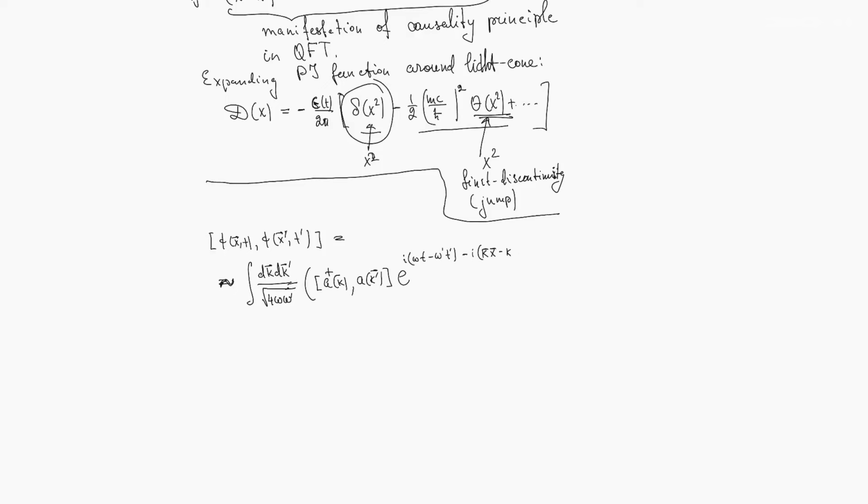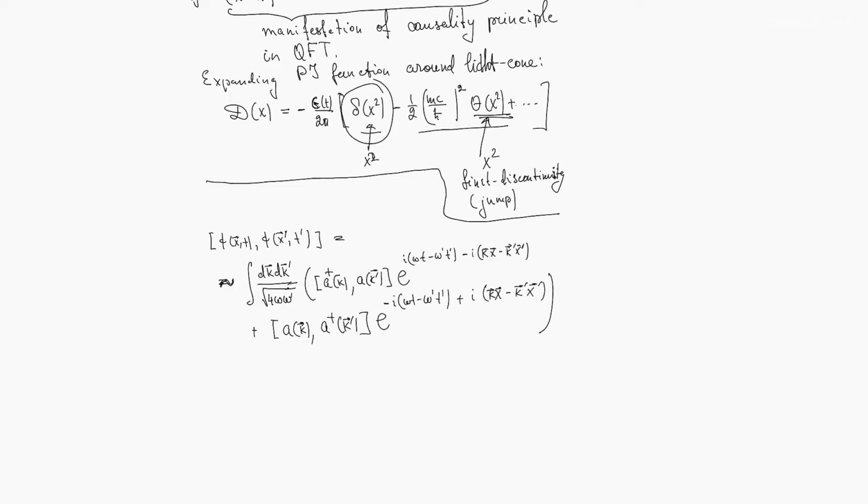And another term where the commutator of a of k with a dagger of k prime, multiplied also by exponential minus i omega t minus omega prime t prime, plus i k x minus k prime x prime. That's what you get.